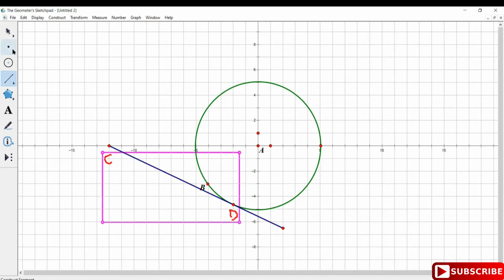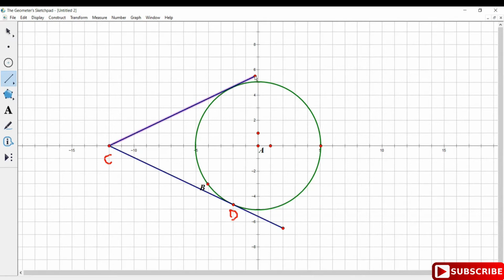If you see where this tangent meets the circle at the next point somewhere up here, remember, mine is not 100% accurate, it meets somewhere right here. We can call that point E.